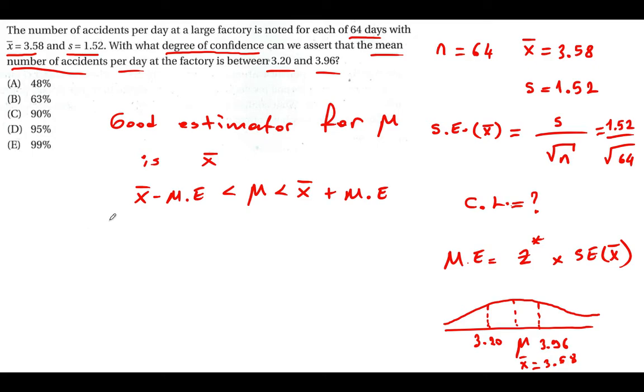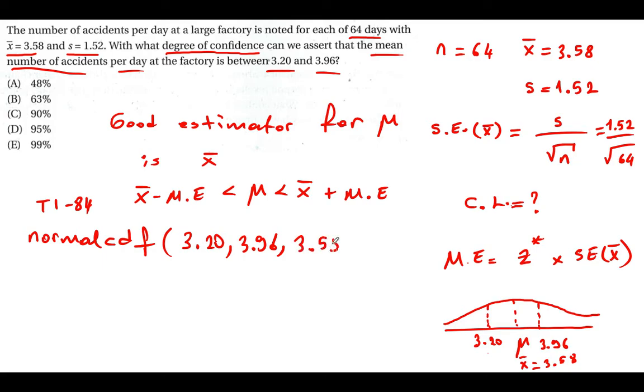So to do this, we can find the z-score of 3.20 and 3.96, but now I will use the normalcdf function directly on the TI-84: the lower bound 3.20, upper bound 3.96, the mean is 3.58, and standard error 1.52 divided by square root of 64. So this will be my result.